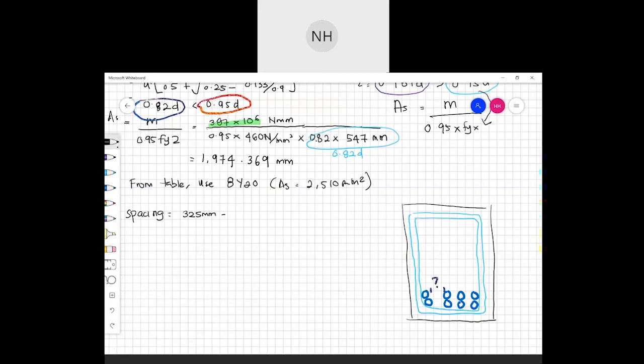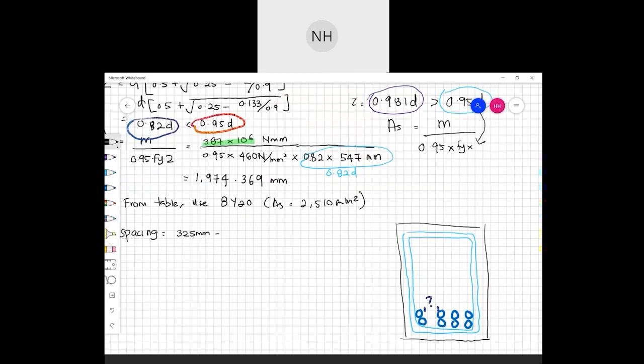Okay. To calculate spacing, you know that the B here is 325. Okay. Here we have like bar ada 4 biji kan. 1, 2, 3, 4. Walaupun kita tahu dia 8 tapi kita stack. So bila kita stack kita nak kira spacing.